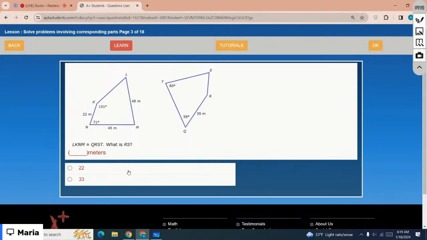The correct option is 22. RS is equal to 22. Got it?